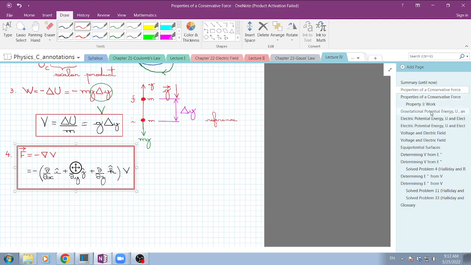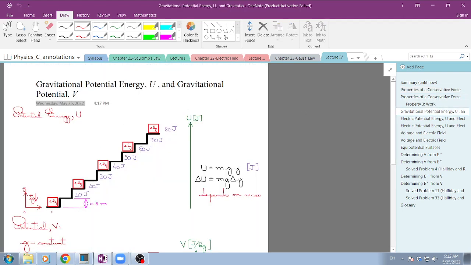Considering now a box going from the first step here to the last step, and since this doesn't depend on the path, it would be the same as going completely straight from point A to point B.